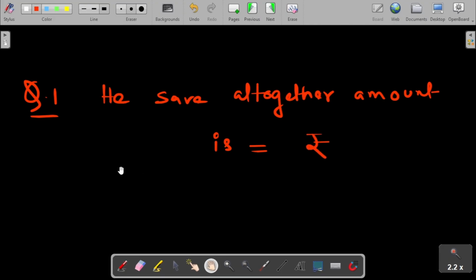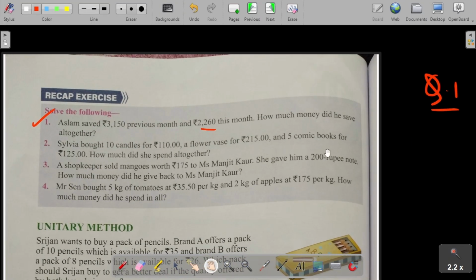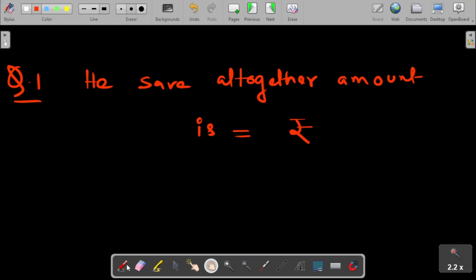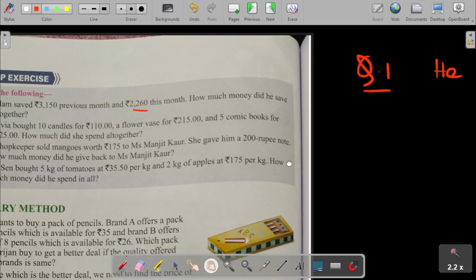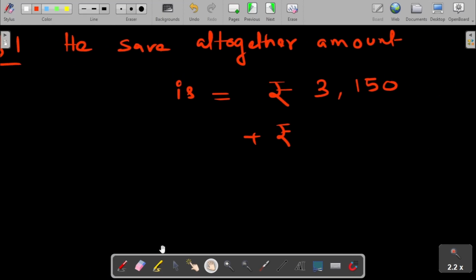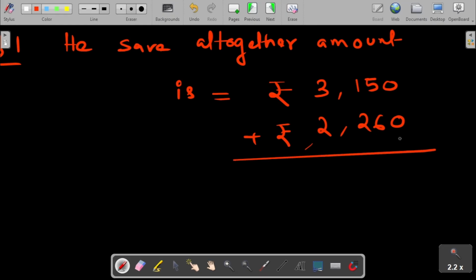So previous month he saved 3,150 and this month 2,260. So this is equal to what?